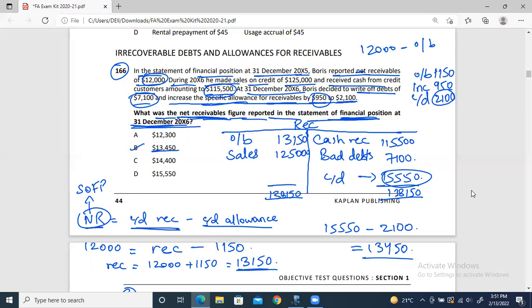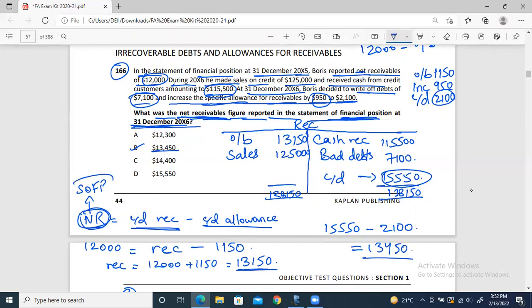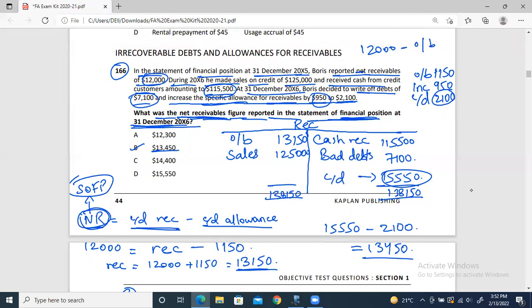This is the reason: again, I told you that in the receivables T account, we always write the normal receivable account, not the net receivable. If we include the net receivable, this will change the whole receivable figure. It will just disrupt it. So only the net receivable figure will be written in the statement of financial position, just for reporting purposes.